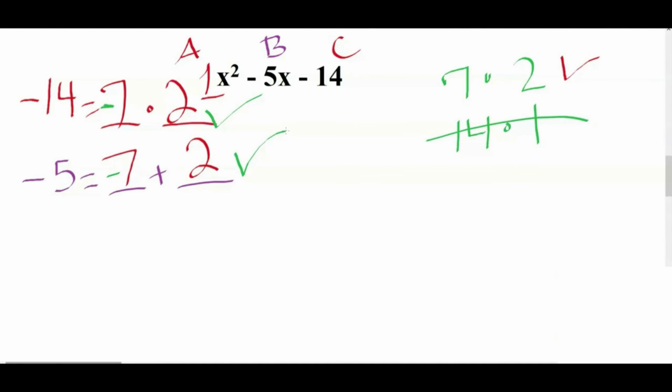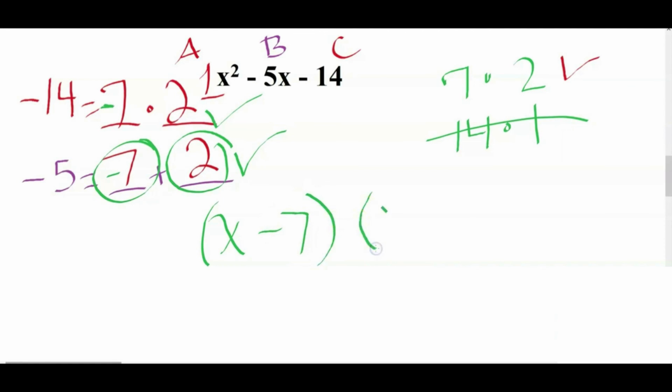Now I don't have to do any bottoms up or anything. The a term is 1, so I don't have to do anything else. But when I write this answer, got to make sure that the signs match. Okay, I've got a negative 7 and a positive 2, so that's going to be x minus 7, x plus 2. And when we factor, the signs do matter.